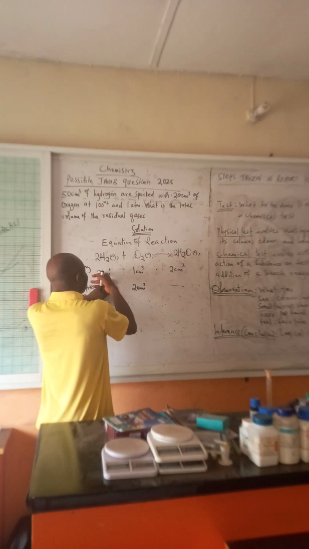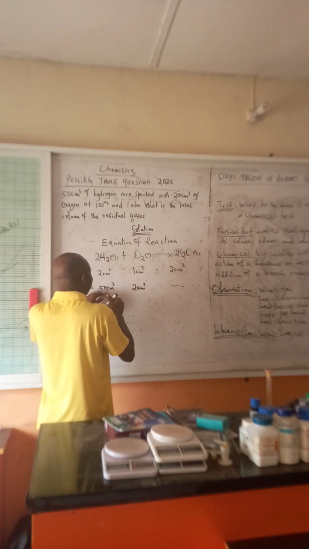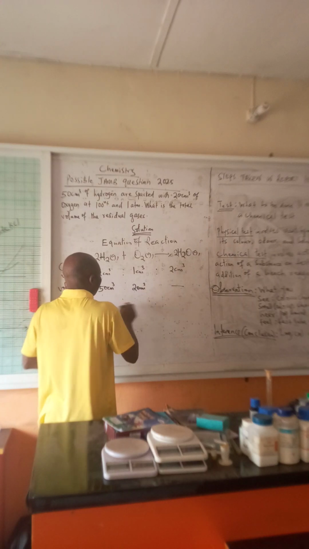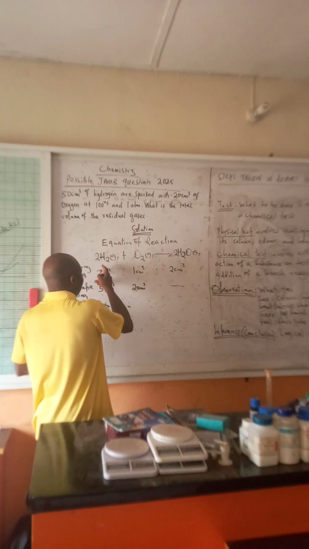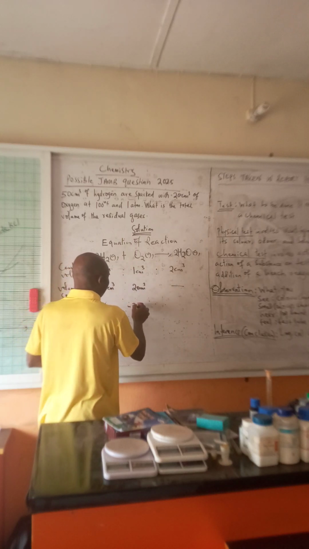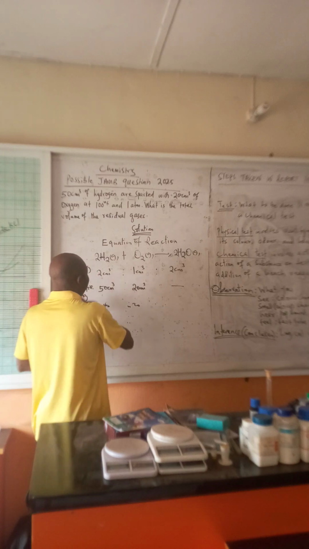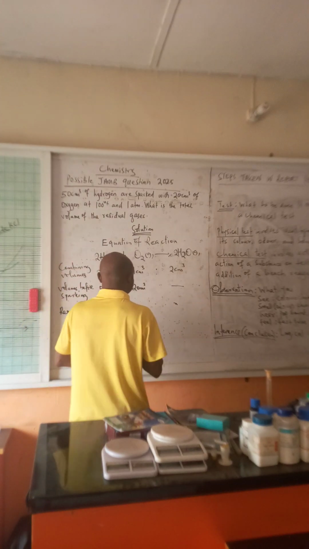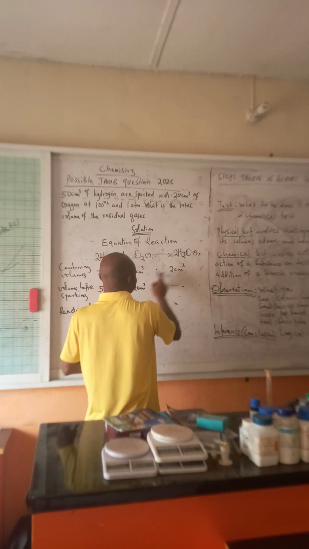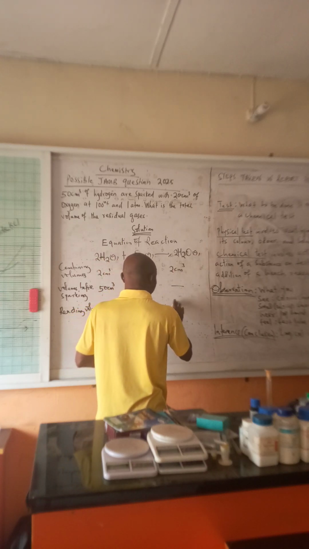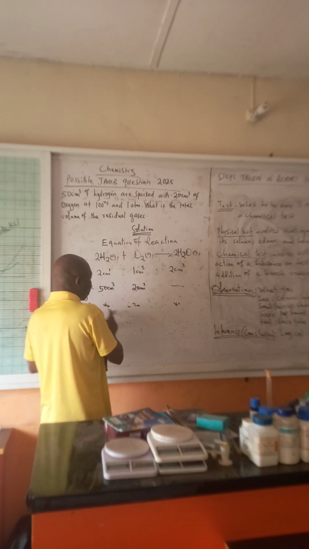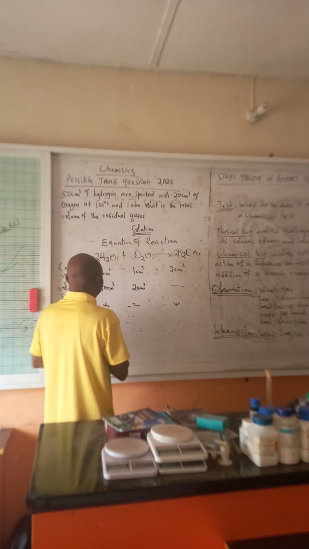Then 20 times 2 gives 40, which means it becomes 40. If that is 40, the other becomes x: x times 2 and 40 times 1 gives 20. Then x times 2 is 2x, so 40 times 2 is 80, divided by 2 gives 40. So limiting hydrogen gives us 40, 20, 40.